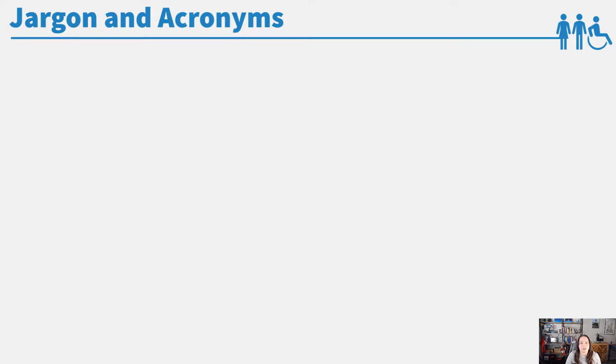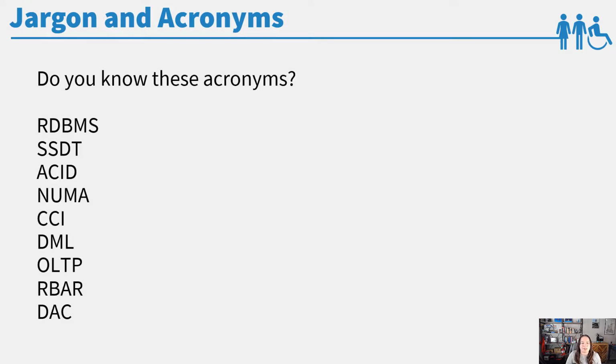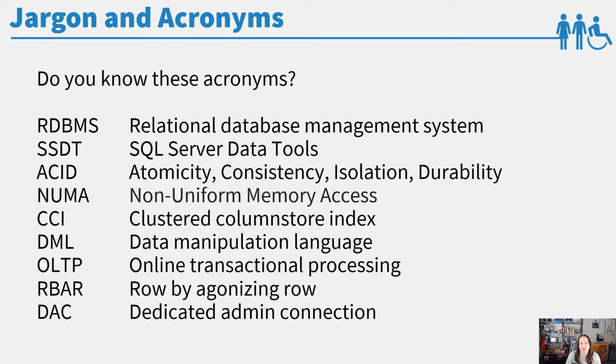And that brings us to jargon and acronyms. Take a look at these acronyms and see if you know them all. There's the actual description of the acronyms. Lots of people can remember the acronym and they generally know what it means, but they can't remember what the individual letters stand for.